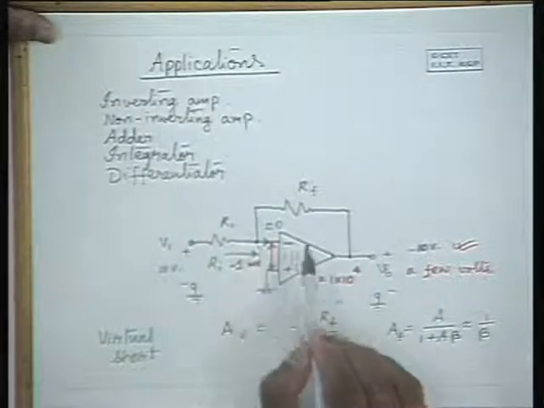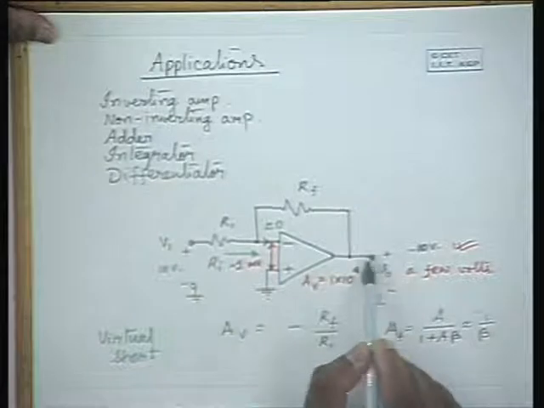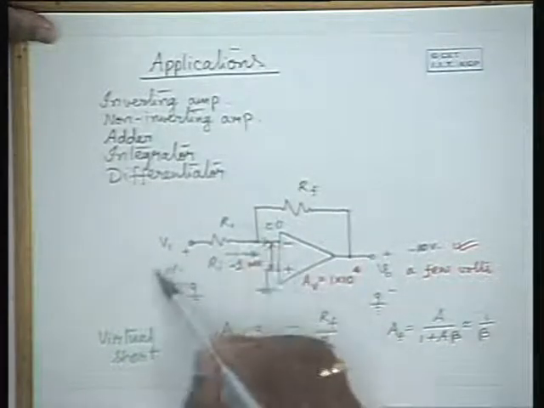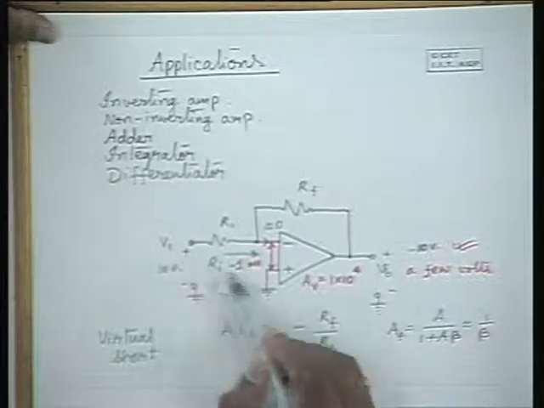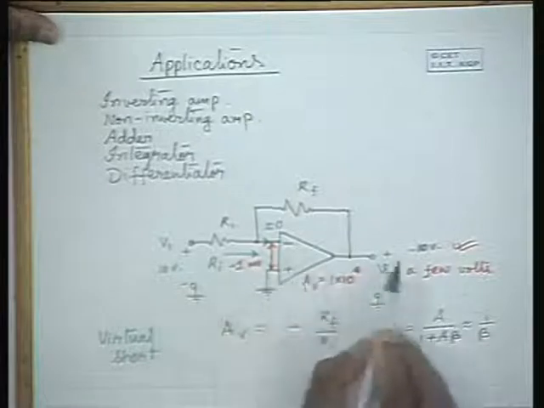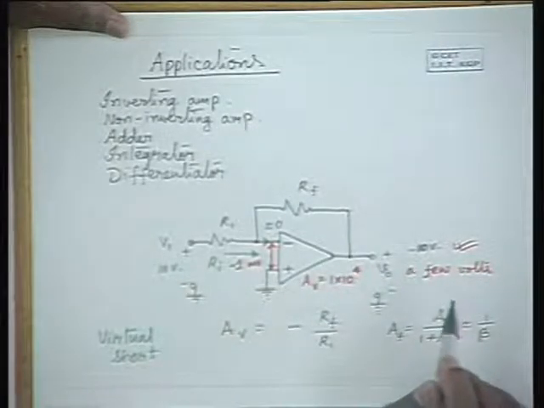Because the amplifier has a high gain, and because of the feedback, this voltage is getting fed back onto this side, and effectively the feedback voltage is reducing the input voltage, and it is maintaining a difference of about 1 millivolt that is required for the output to be minus 10 volts.